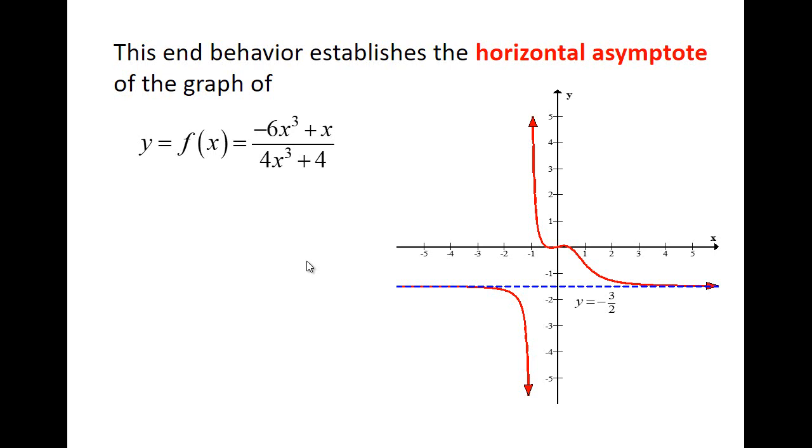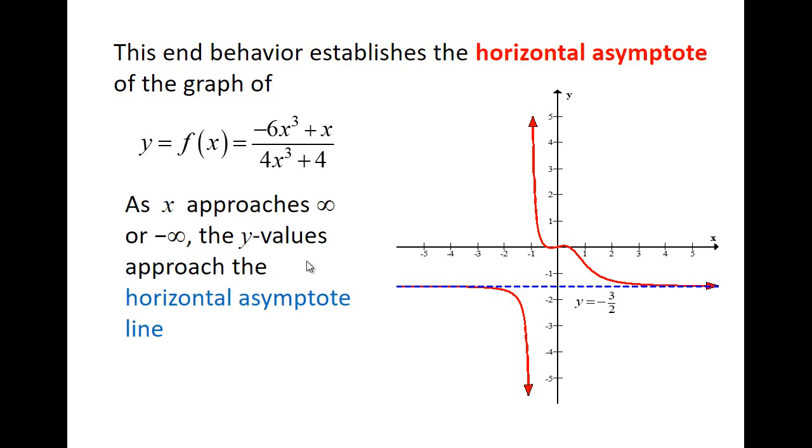So it's getting closer and closer to the number negative 3/2, but it doesn't quite get there. Okay, so as x approaches infinity or negative infinity, the y values approach the horizontal asymptote line, y is equal to negative 3/2 here.